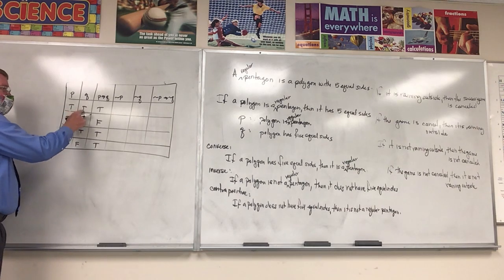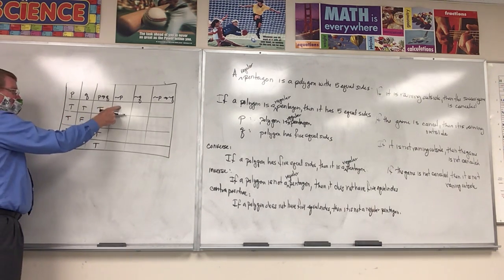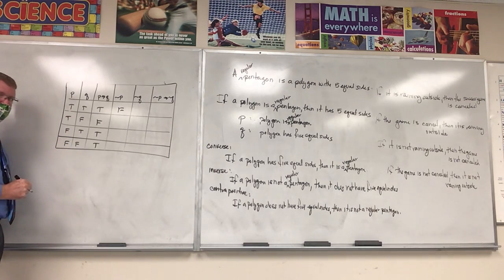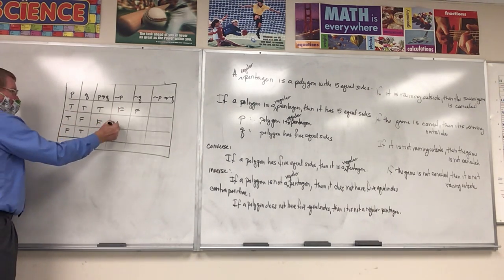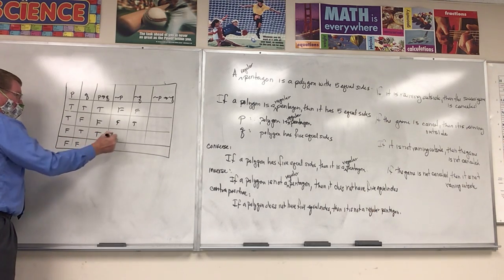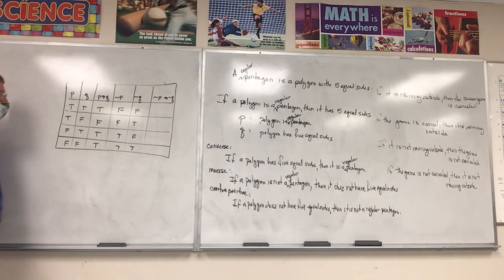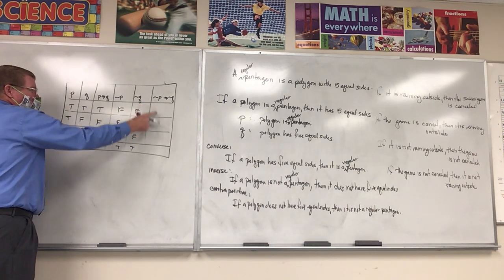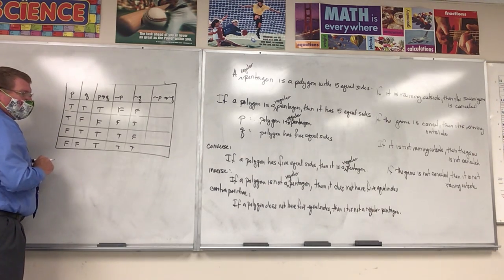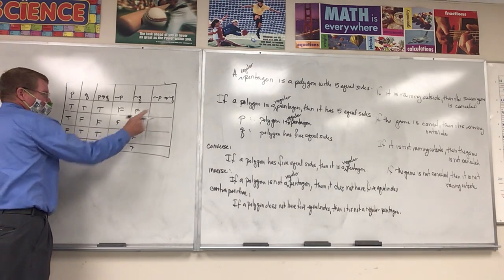When we negate, everything changes. So if the hypothesis was true, but we negate it, now it's false. False, true. True, false. True, true. So when we look at this, the inverse would be what?